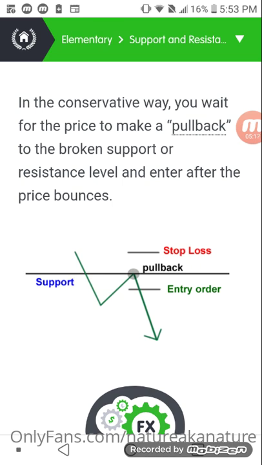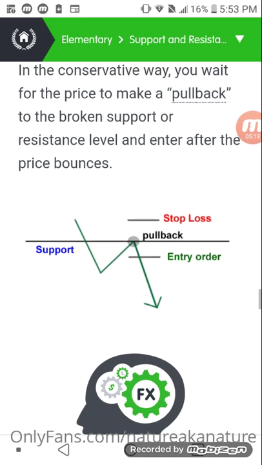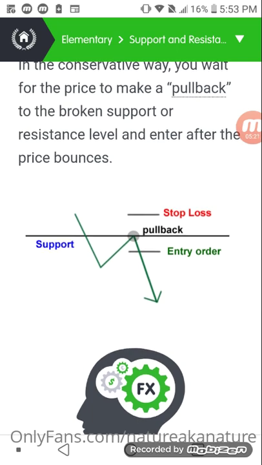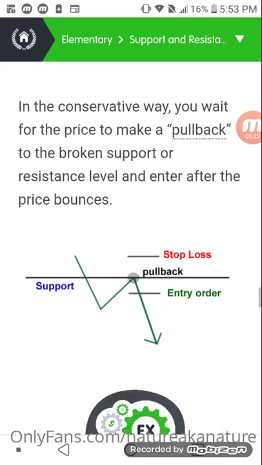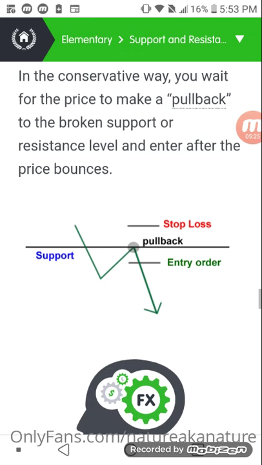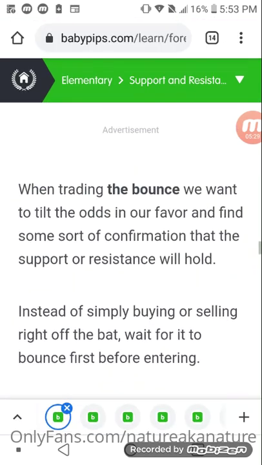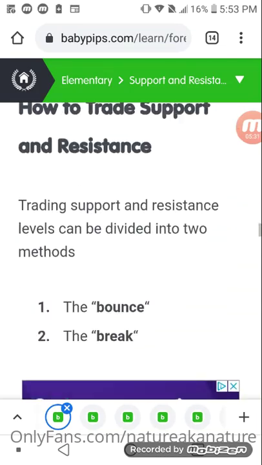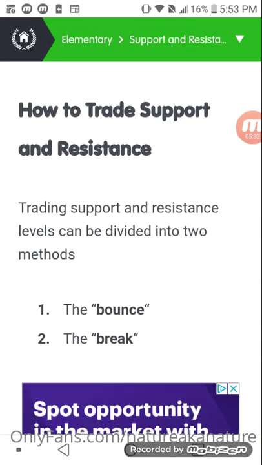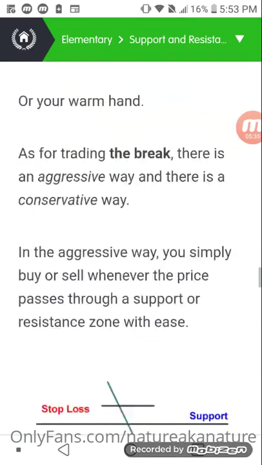You wait for price to bounce off or pull back, and then you get in with the entry order. That is how you trade support and resistance: the bounce and the break.